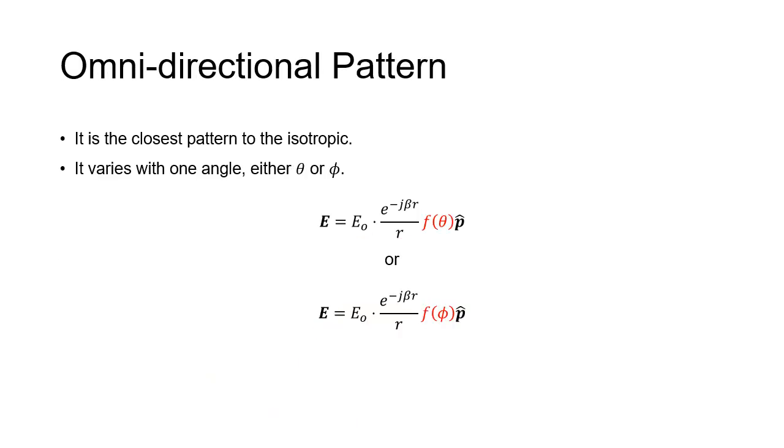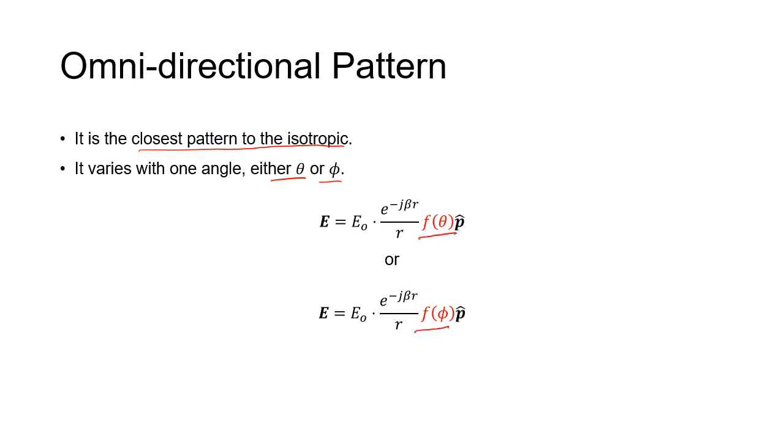The second type, the omnidirectional pattern, is actually the closest form to the isotropic, because isotropic doesn't exist in nature, and it varies with either the angle theta or the angle phi. In the equation, we'll have a function of theta or a function of phi.